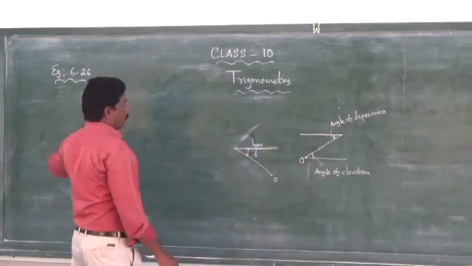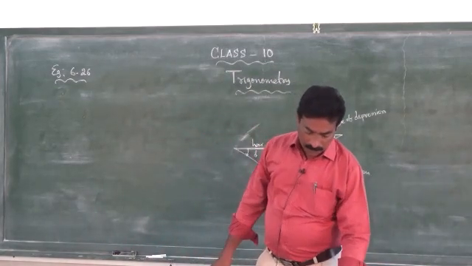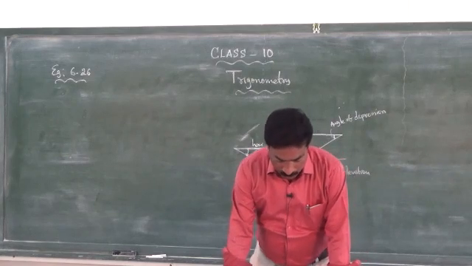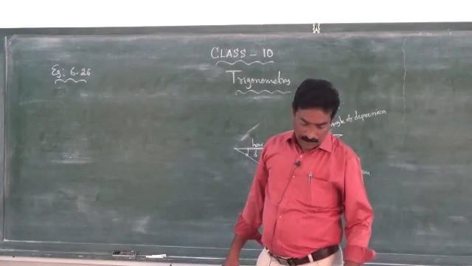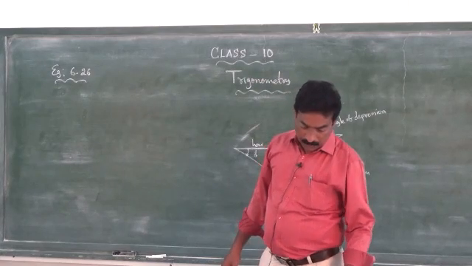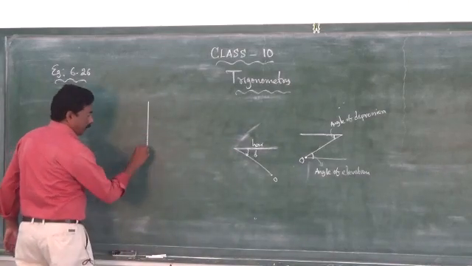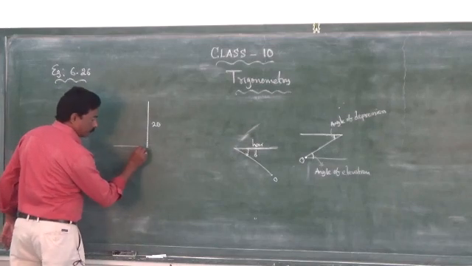So now, when we come to example 6.26, the sum goes: a player sitting on the top of a tower of height 20 meters observes the angle of depression of a ball lying on the ground as 60 degrees. He observes a ball on the ground.